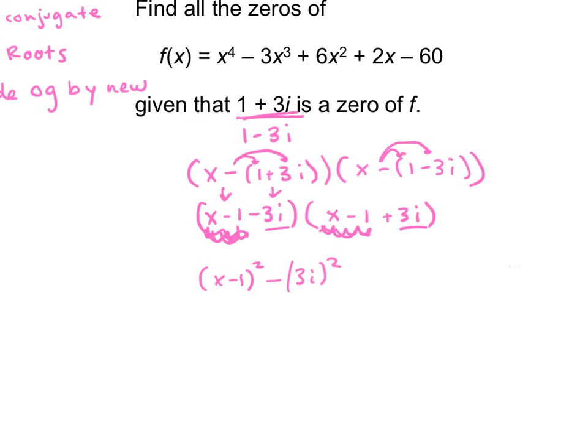To square our first term, we need to FOIL. So we have x squared minus 2x plus 1. And then this would become negative 9i squared. The i squared changes it to plus 9. And we combine our like terms, so we get x squared minus 2x plus 10.